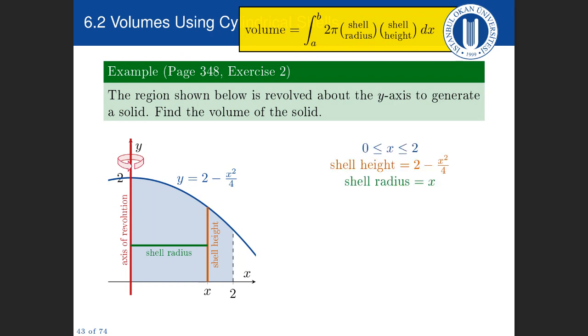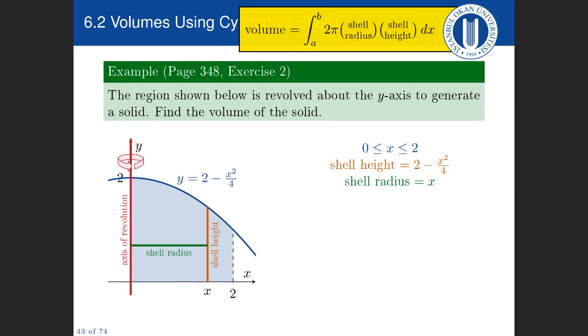I can see that x is between 0 and 2 here. The shell height, or the top of the shell, is at 2 minus x squared over 4, and the bottom is at y equal to 0. So the shell height must be 2 minus x squared over 4.